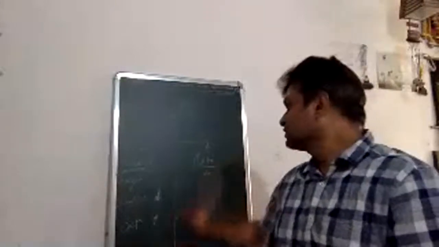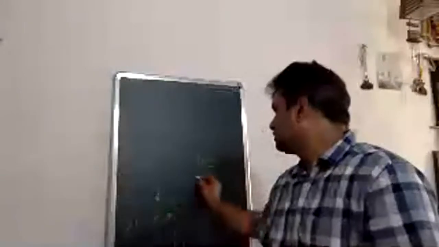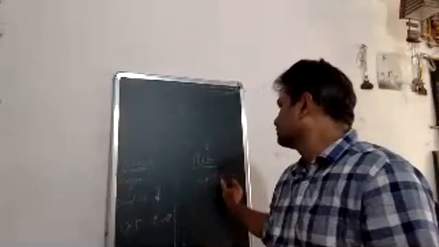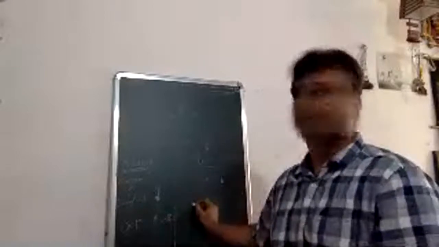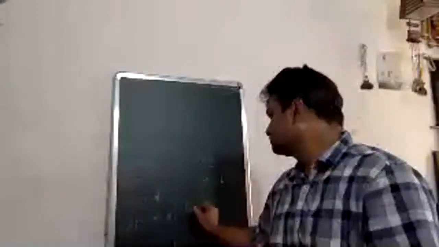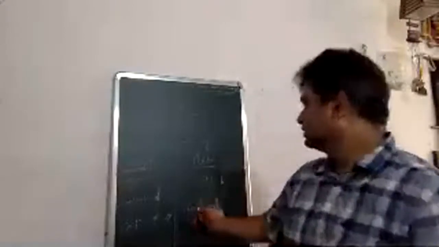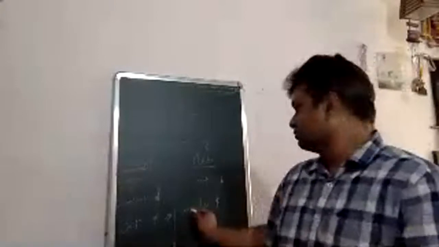Rabi fasal can be sown in October, and we harvest it in March, April. Whatever we have produced, like wheat and all, those come in the Rabi category.